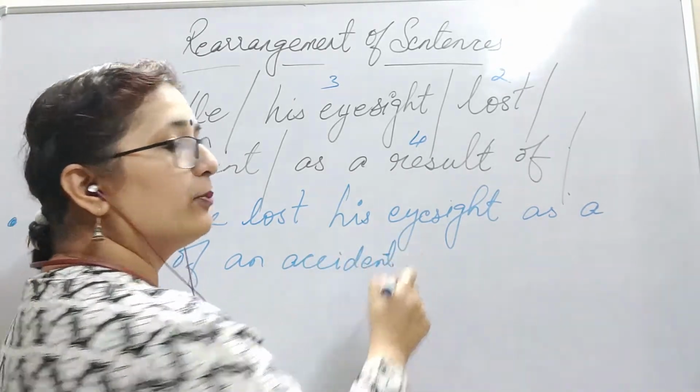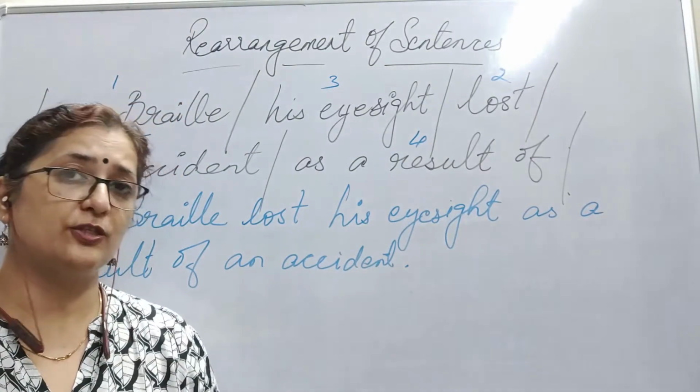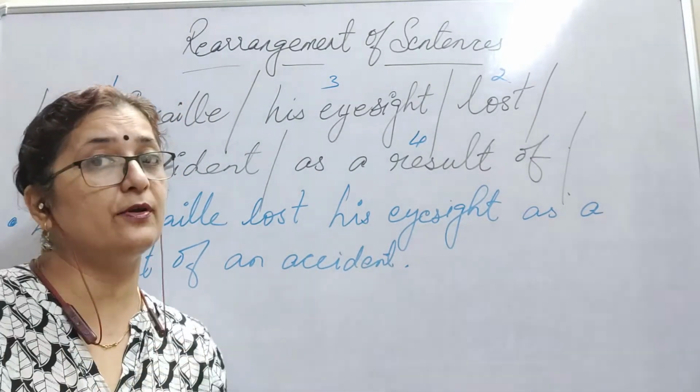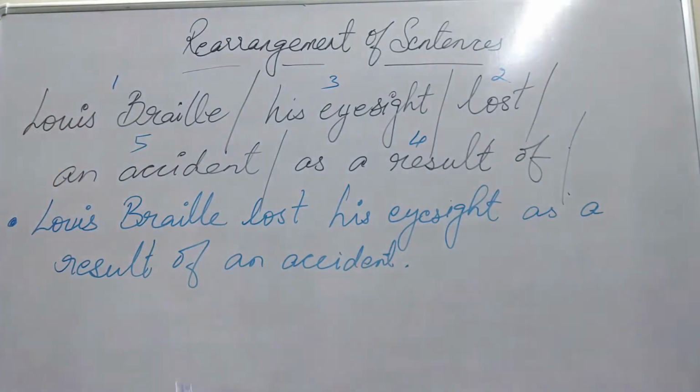Now you might come up with a question, ma'am, can we not write this in a different way? Well, of course we can. There can be yet another way of writing it.